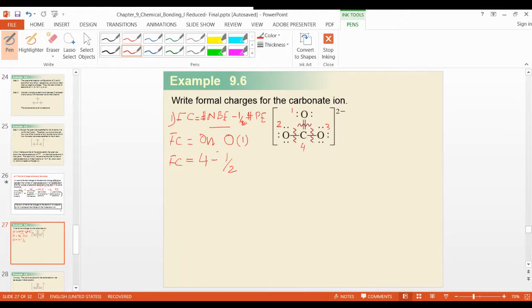This is the non-bonding electrons. You have to write from here, from the oxygen, right? Okay. These are non-bonding. Half the bonding electrons. The bonding electrons are 4, right? So now you will calculate 4 minus 2. Okay, then you will get a plus charge.